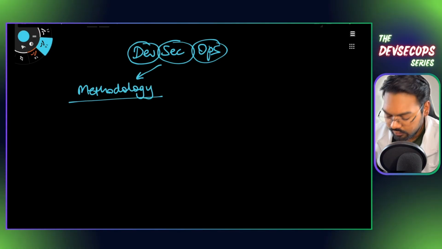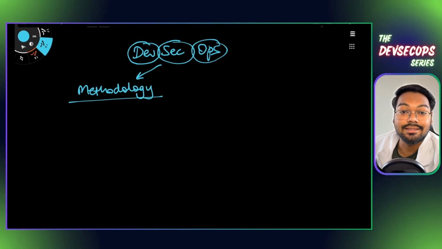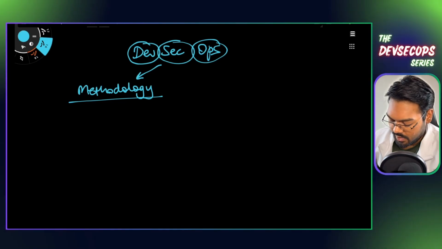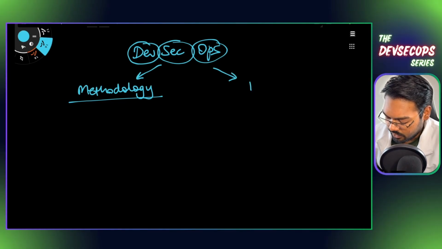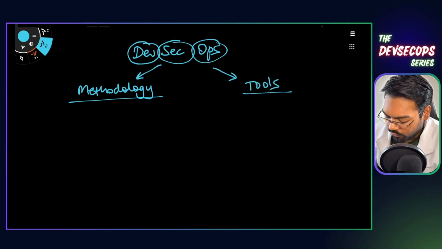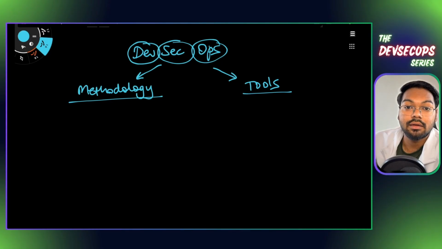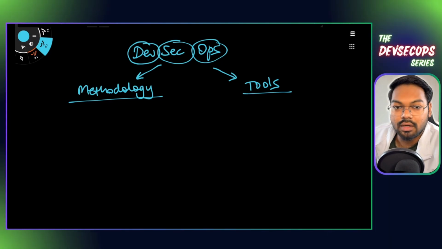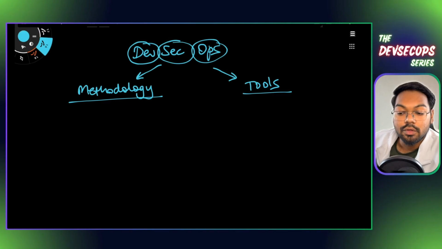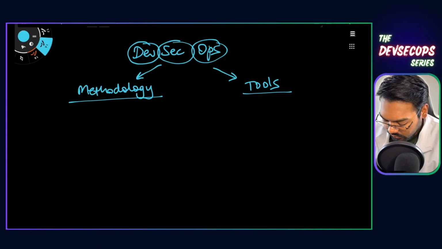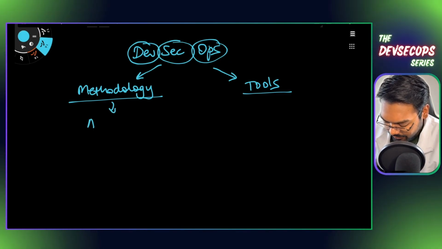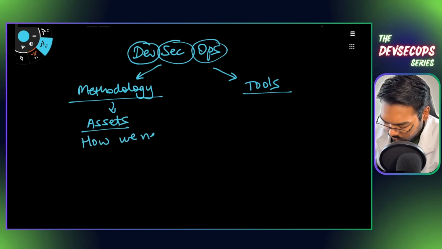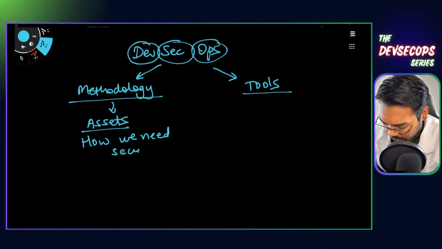There are different methods and different things that you need to secure. And then there are the different tools. For the methodology, you can watch our series. I will link it over here, and you can check what different assets we have, what these assets are and how we need to secure them, right?